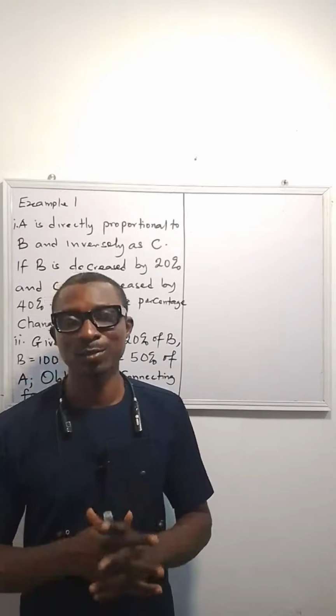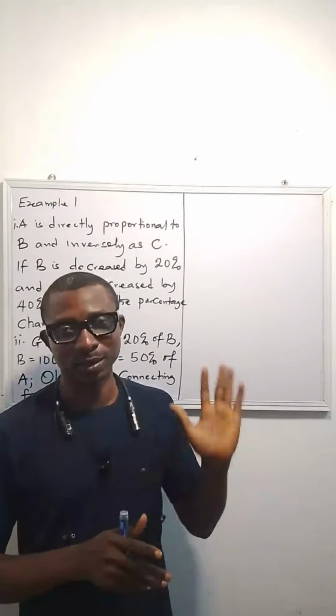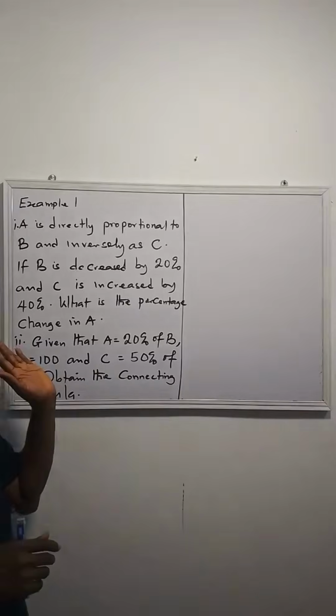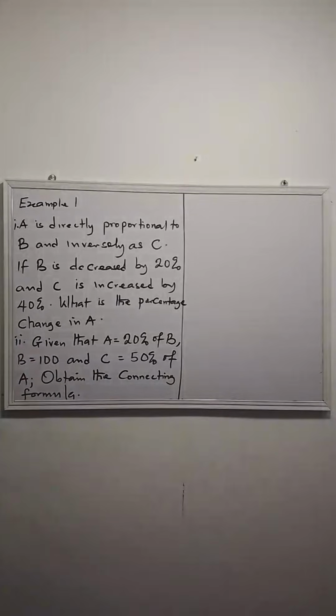All right, so now let's quickly look at this problem we have on the board. This will be the first problem we are going to look at under variation. A is directly proportional to B and inversely as C. If B is decreased by 20% and C is increased by 40%, what is the percentage change in A?